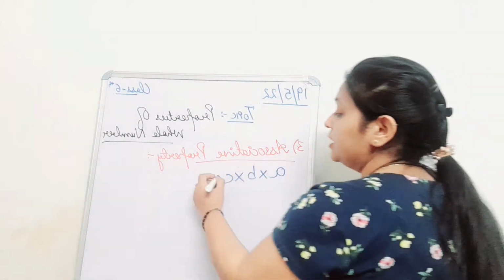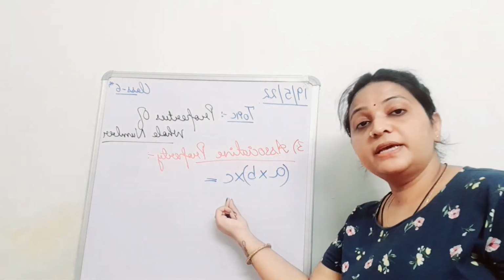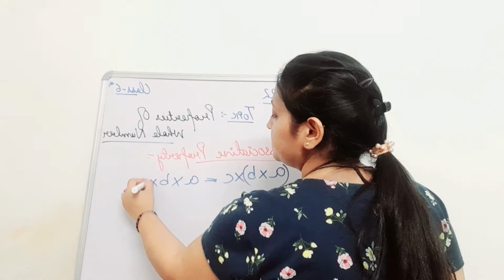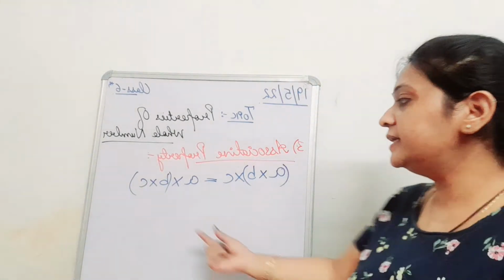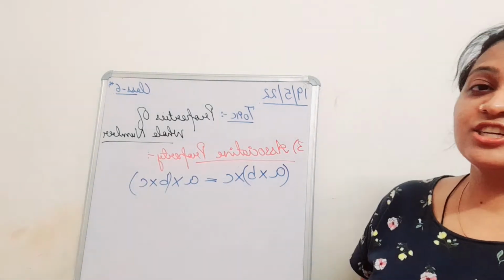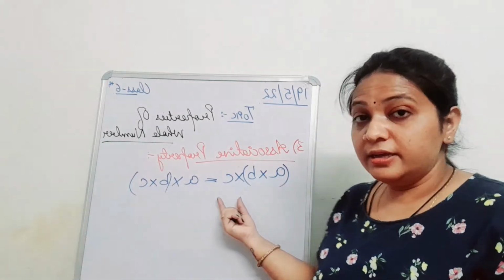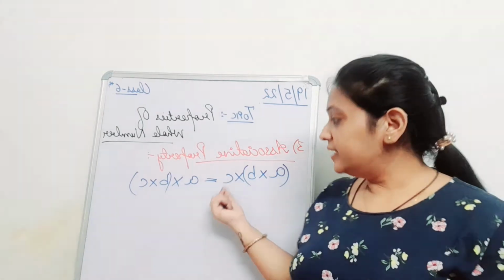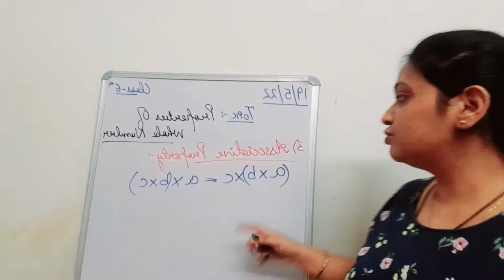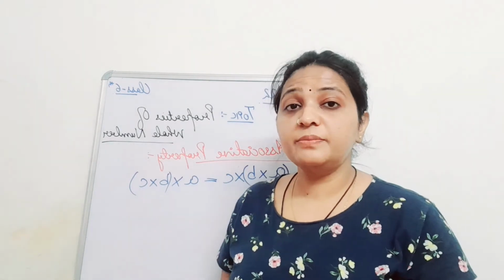So A cross B will be multiplied first, then multiplied by C, or B cross C will be multiplied first and then multiplied with A. The answer in both conditions will be the same. So this is the associative property, which holds for addition and multiplication. I hope the associative property is also understood by everybody.